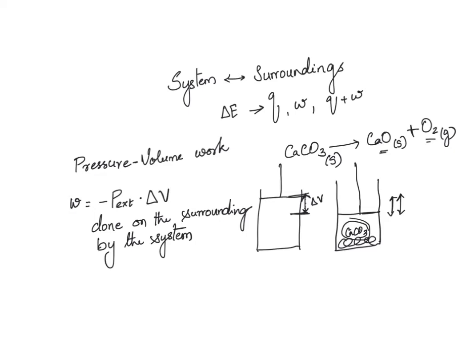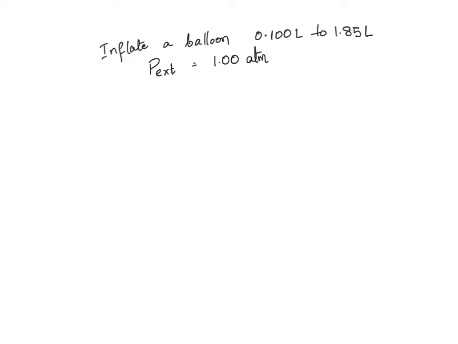Now, what kind of questions will you see here? If you inflate a balloon from 0.1 liters to 1.85 liters, and this is done against an external pressure of 1 atmosphere, okay, how much work is done?